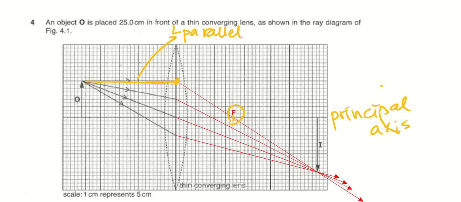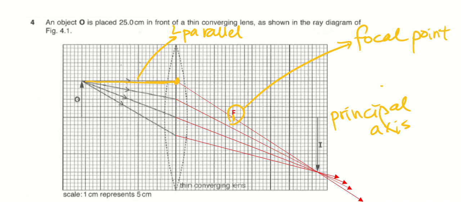So of all the millions of light rays that come out from the object, this is one of the 3 whose behaviour I will know. They are very predictable. As long as they are parallel to the principal axis, once they touch the lens, they'll go and cut the focal point, capital letter F.